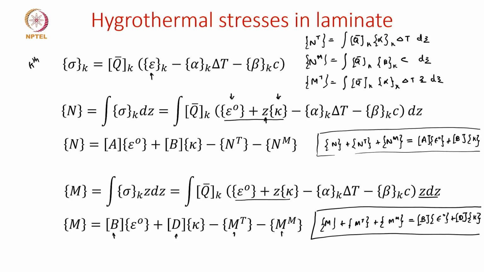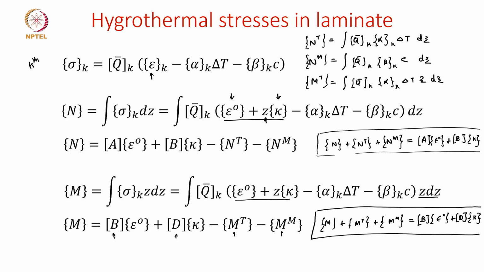So these two equations which I have shown in the boxes are the modified classical laminate theory equations, where now we have accounted for the temperature changes as well as the moisture changes.